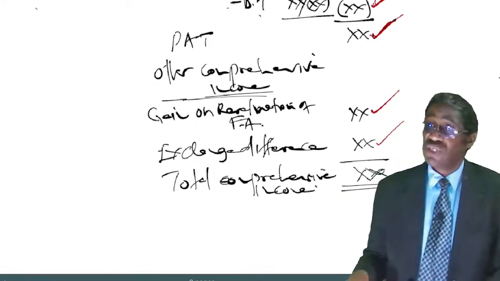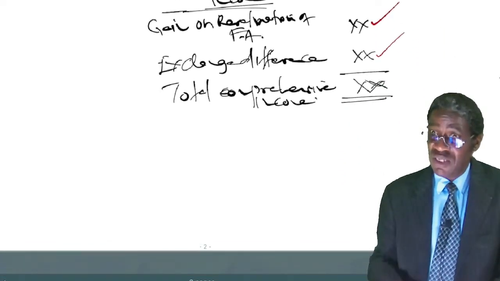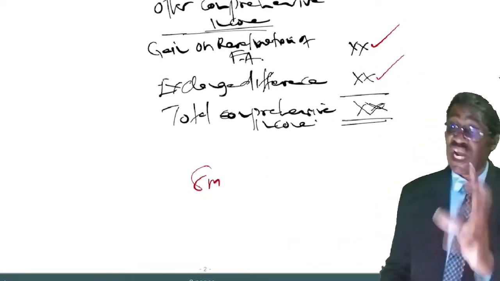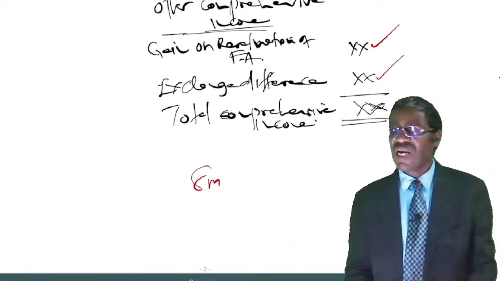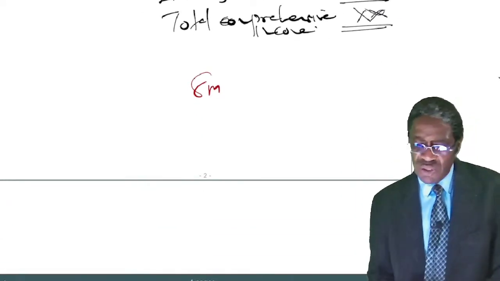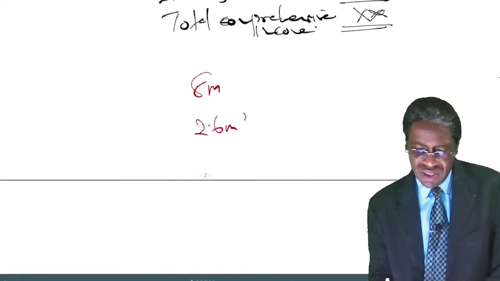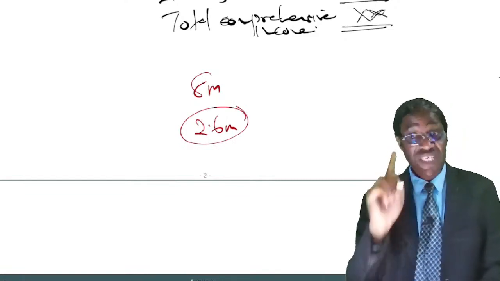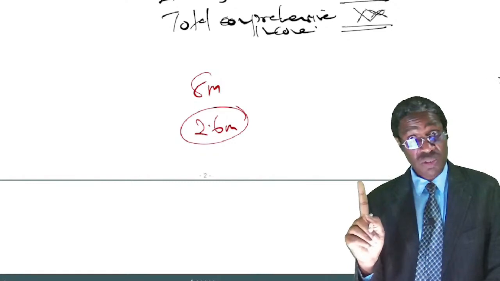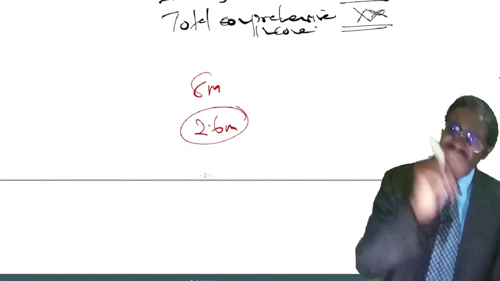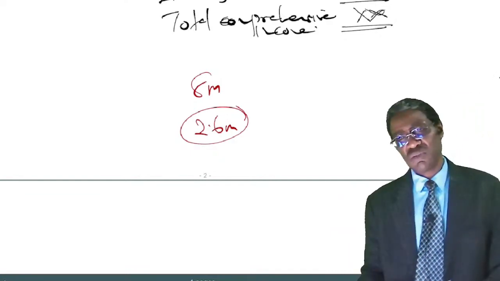And so the question is saying, listen carefully now, during the year, you sold goods worth 8 million on that basis. Come the end of the year, 2.6 million of them are still with your customers. And they have a right to either return the goods or keep the goods at the end of the year.